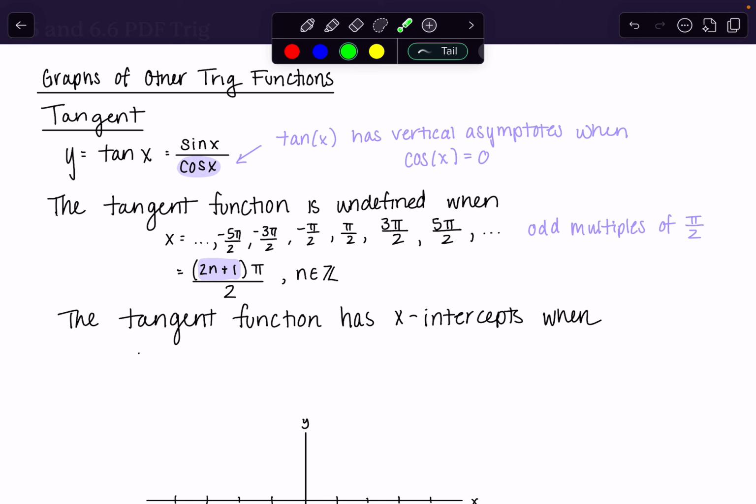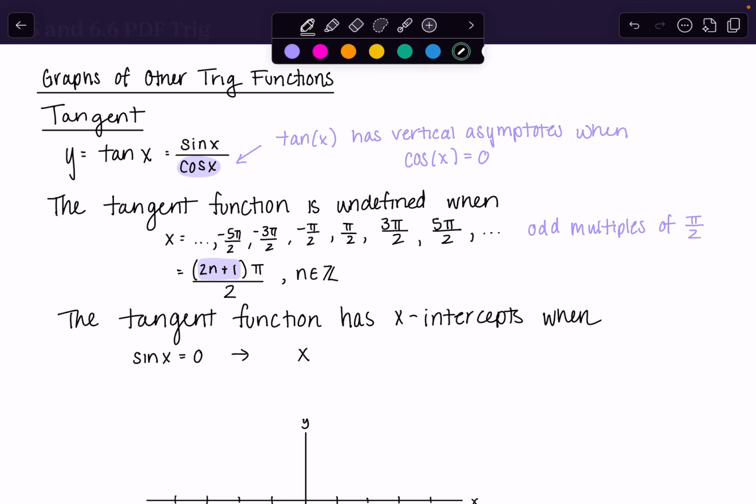If we think about when x-intercepts occur, that's going to be when the numerator equals 0. So these occur where sine of x equals 0. That's much easier to deal with because that's just the x-axis. So that's at 0, pi, 2 pi, 3 pi, 4 pi, and so on, and then the negative angles, negative pi, negative 2 pi, and so on.